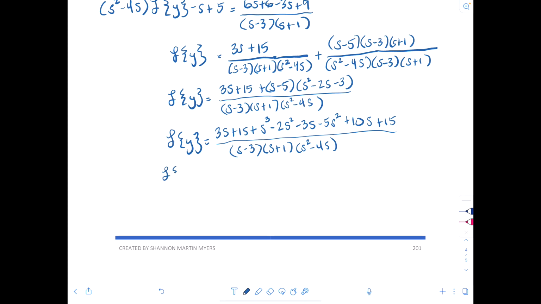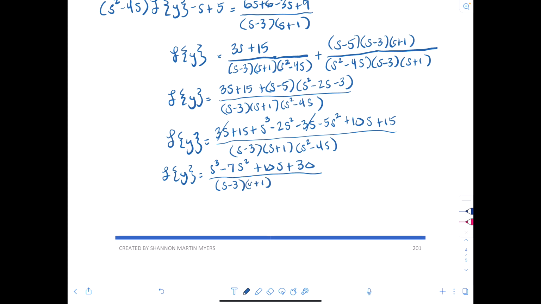So L at y is going to be, combining like terms, the 3s's zero out. We'll have s cubed minus 7s squared plus 10s plus 30 all over s minus 3, s plus 1.